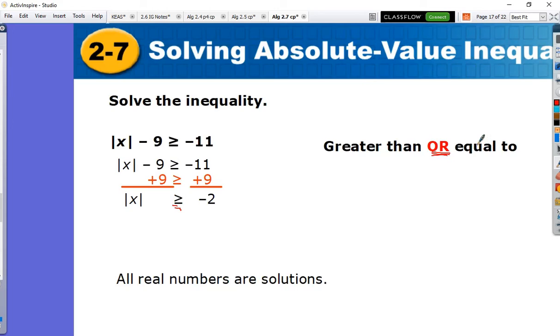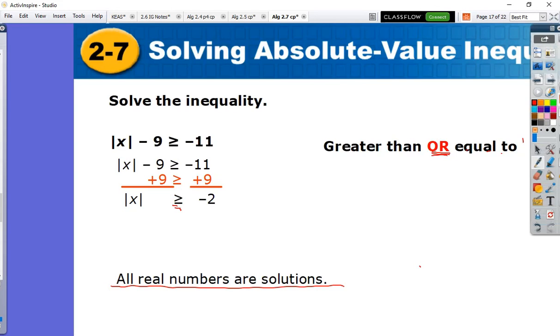So it does not have to equal negative 2. It just has to be greater than negative 2, which any number you put in for x is always going to be. So all numbers are going to work for this. It doesn't have to just equal it. As long as it's one or the other, it works, and it will always be greater, so it works.